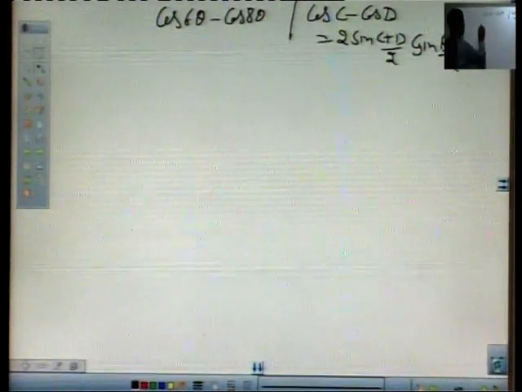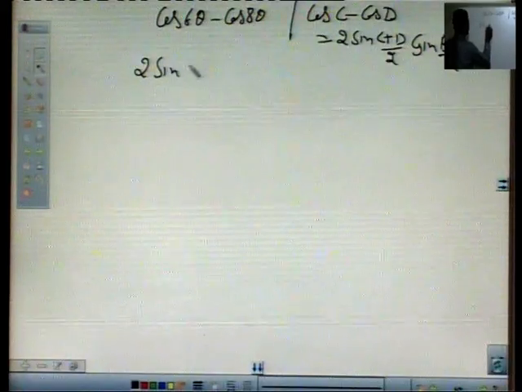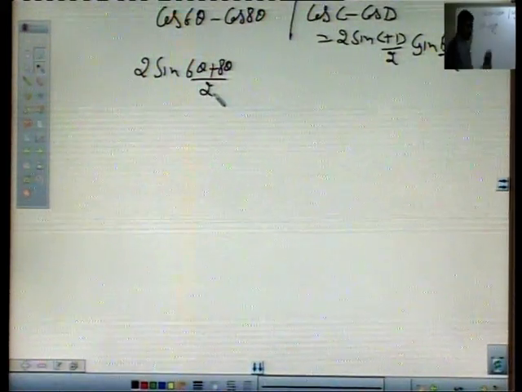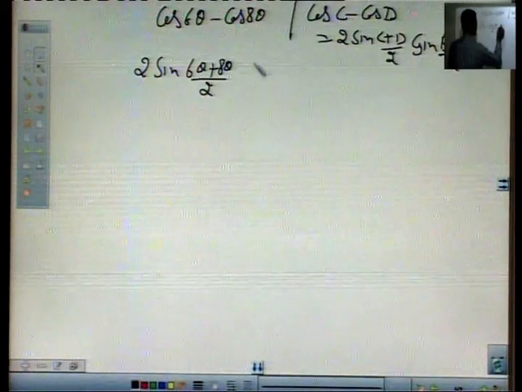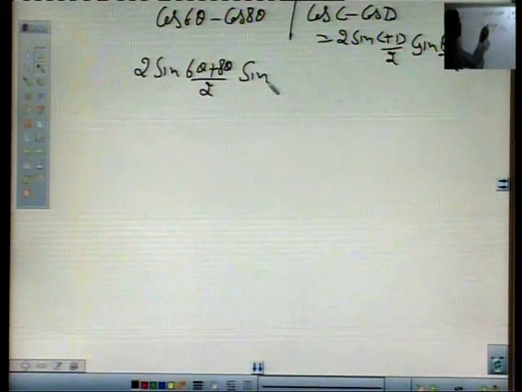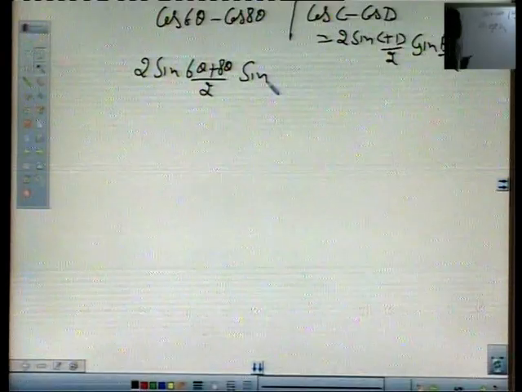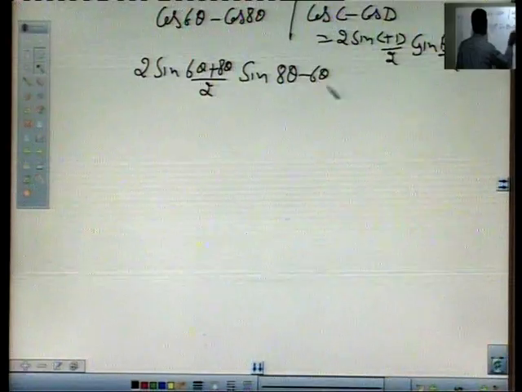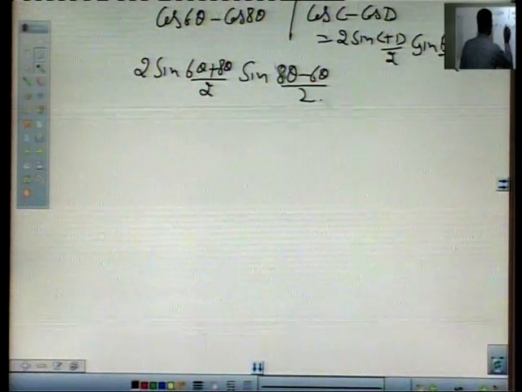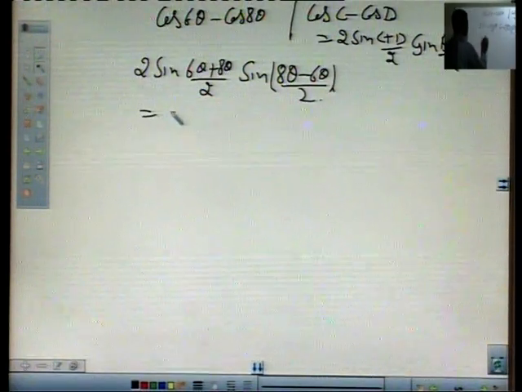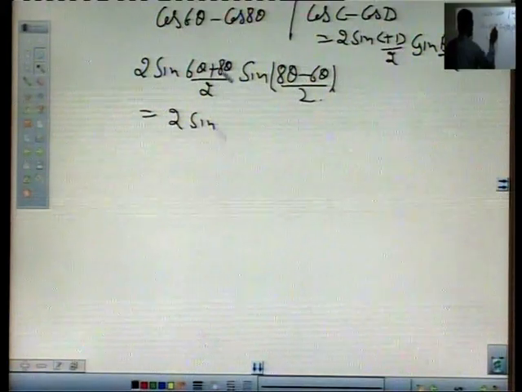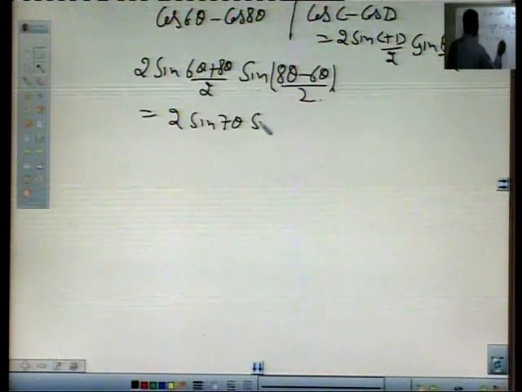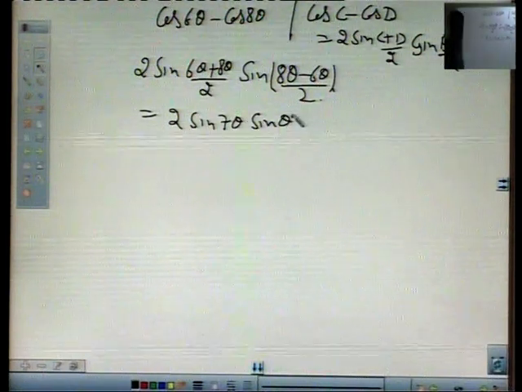So this is 2 sin 6 theta plus 8 theta by 2, and sin, here is D minus C. Note this step, it is sin D minus C by 2. So this is 2 sin 7 theta, and this is simply sin theta.